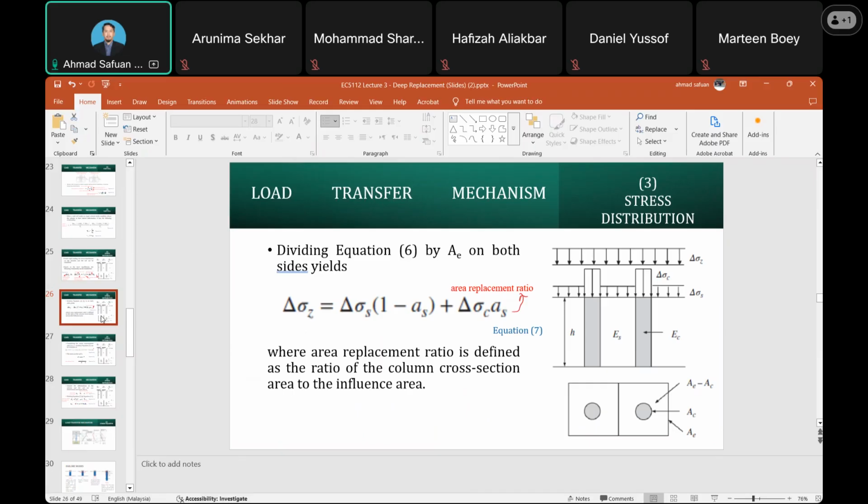AS is the area replacement ratio, where area replacement ratio is defined as the ratio of the column cross section to the influence area.